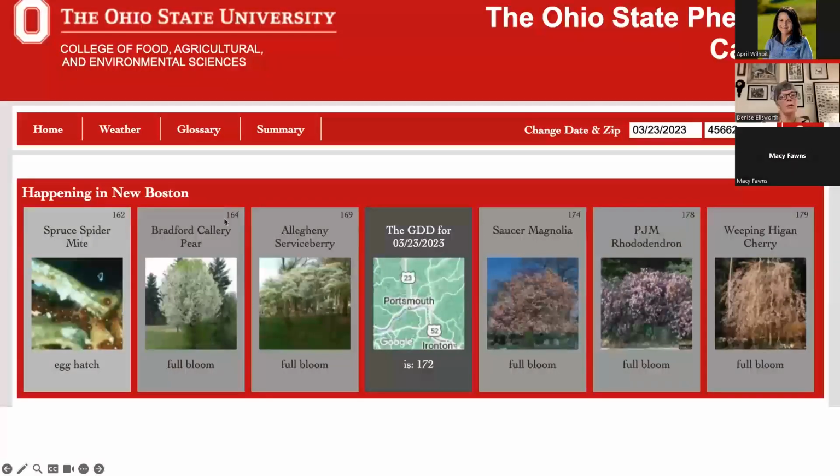The number up here in the corner is the growing degree day associated with that event. So here we have Bradford Callery pear in full bloom, around 164 growing degree days. So remember, that's a measure of accumulated heat. We started with 0 in January, and for every day that has an average temperature above 50, we accumulate a few heat units.